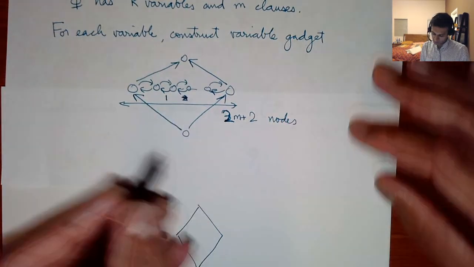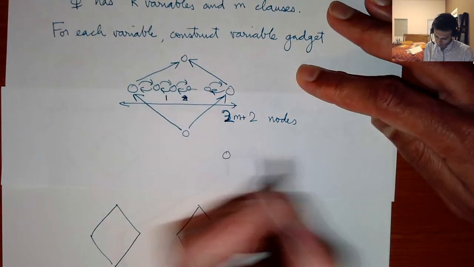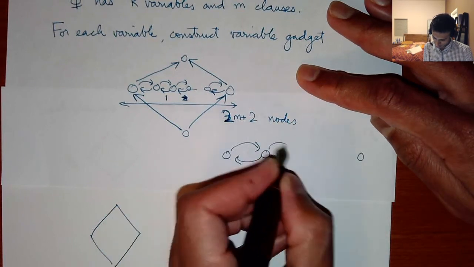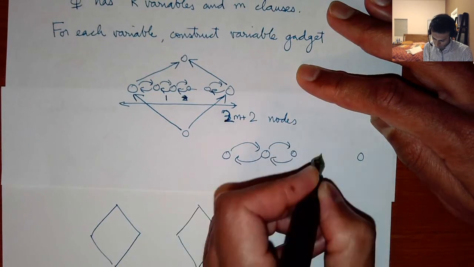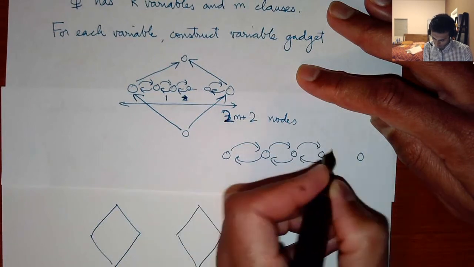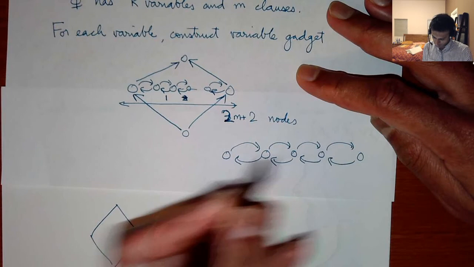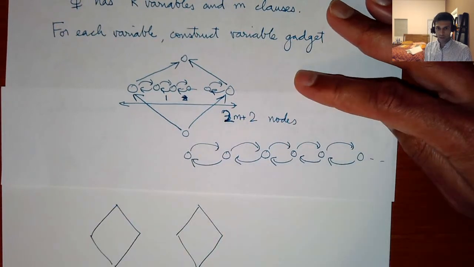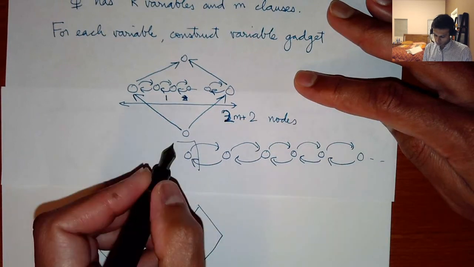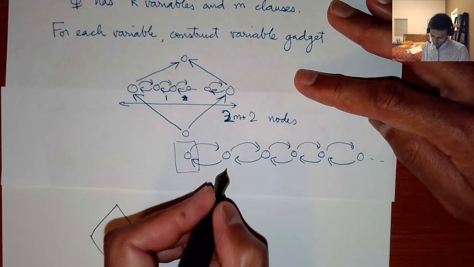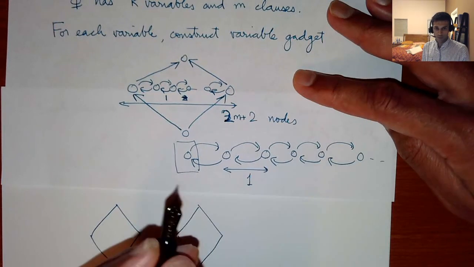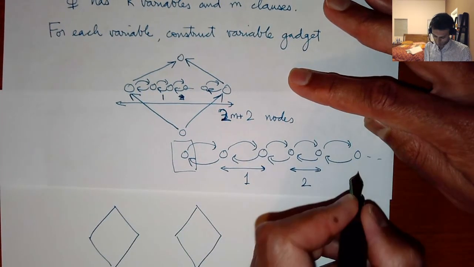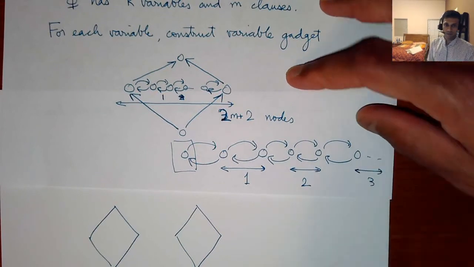Let me blow this up. Let's say it started here and it's going on. This I'm just going to block off for convenience. This I'm going to refer to as 1. This is 2. This is 3, so on and so forth.